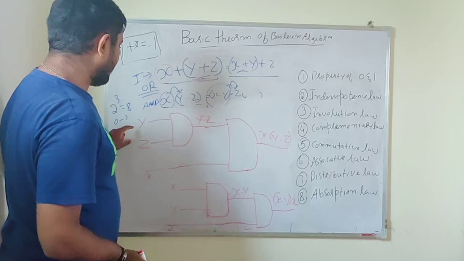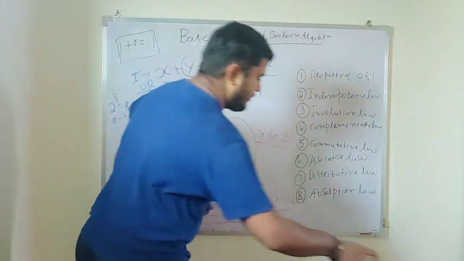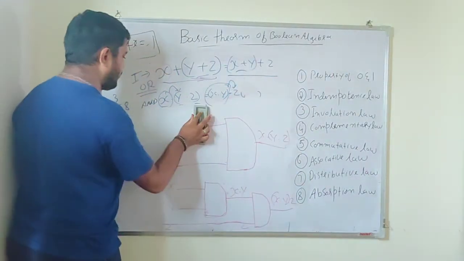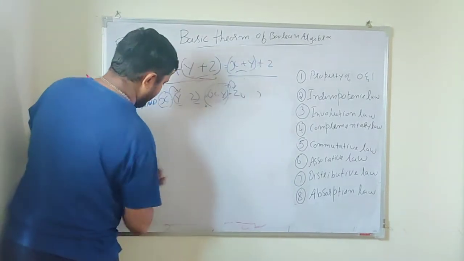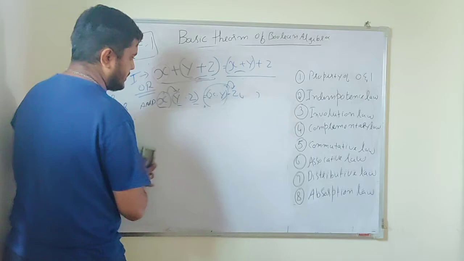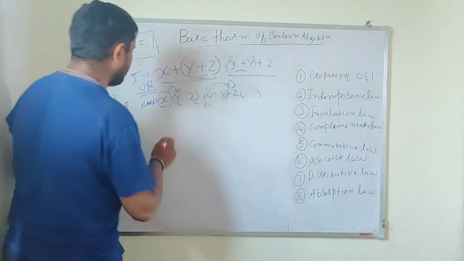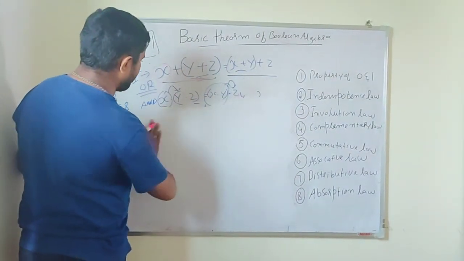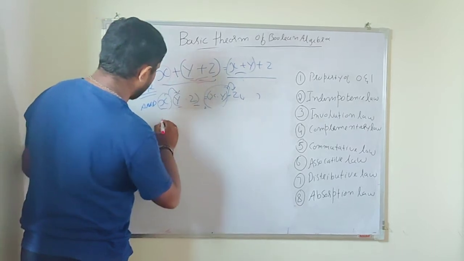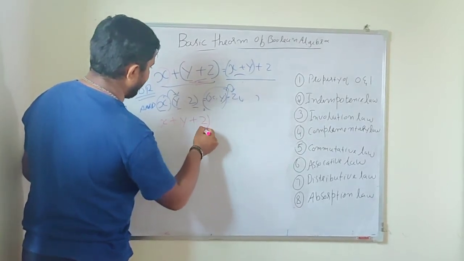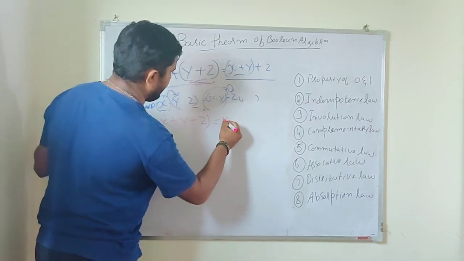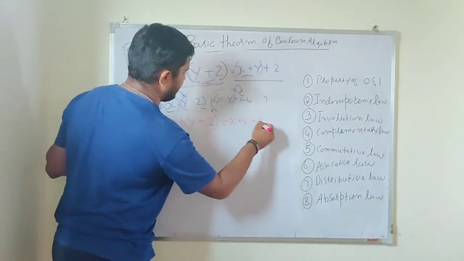So next, whenever you are going to use them for proof, how do you prove them? Now let us prove this equation for both LHS and RHS. So here first x plus y plus z. So yz, which is equal to x plus y plus z.